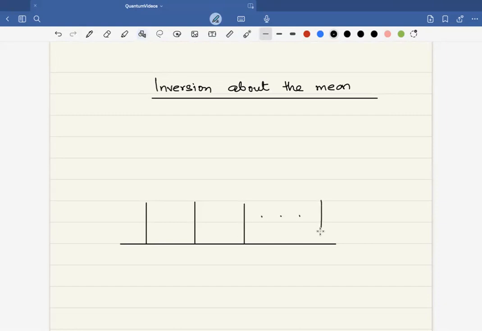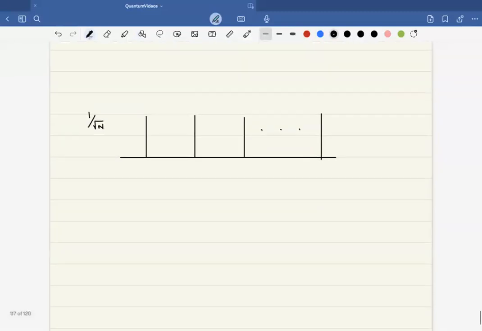So our initial amplitudes are all 1 over square root of n. And our state psi is 1 over square root of n, summation over x. So this is our initial state.